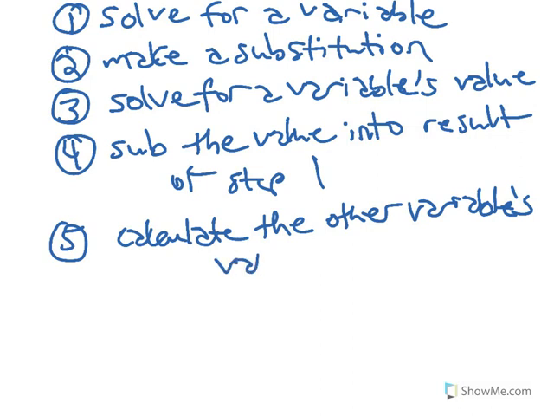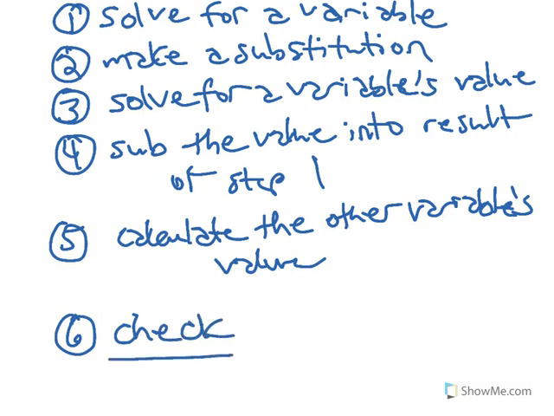Finally, in step 6, as always, check your answer. Make sure that the point you've chosen actually satisfies both equations. You follow that process, you should be able to master the art of solving systems of linear equations in 2 variables using the substitution method.